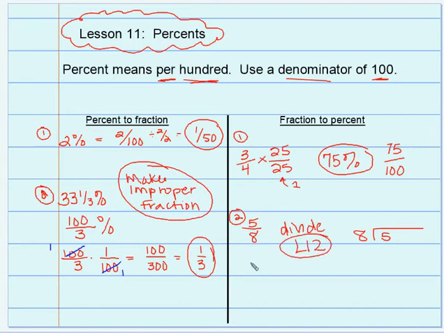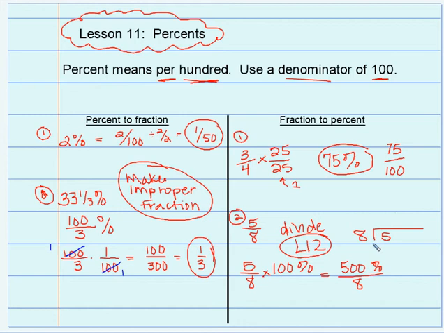The way the book talks about this right now is that we would multiply it by 100%, because that's what we want to do, is change this into a percent. So we need to multiply it by 100%. So that changes this to 500% out of 8. Then we can divide.